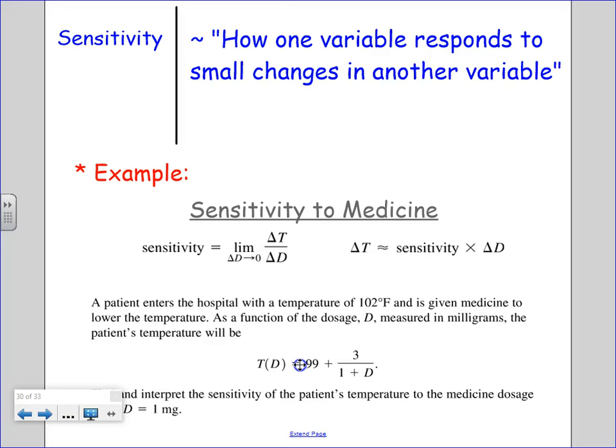It somewhat has to do with measurement error, which we have done before, with estimate error, percentage error, propagated error, etc., which is coming. But sensitivity, I just thought was an interesting application.